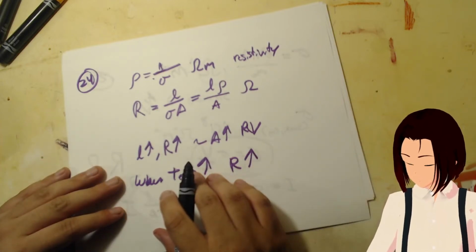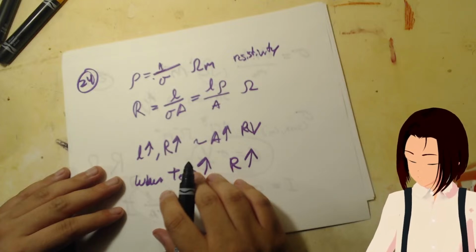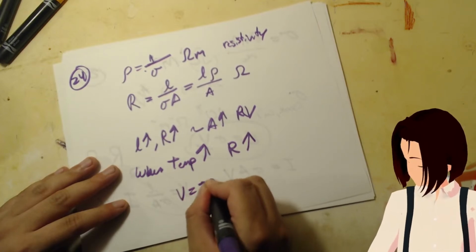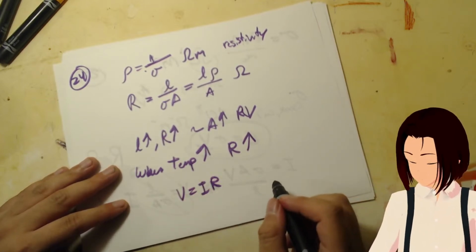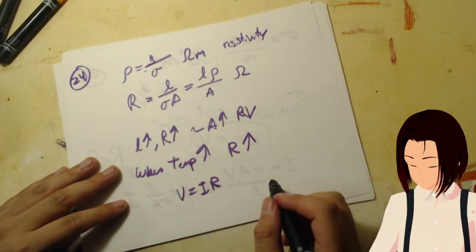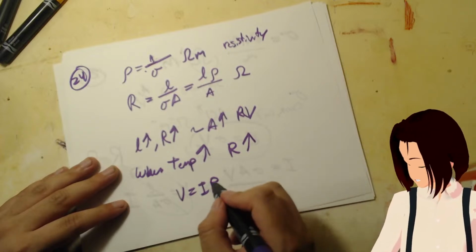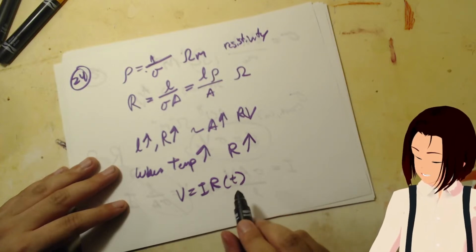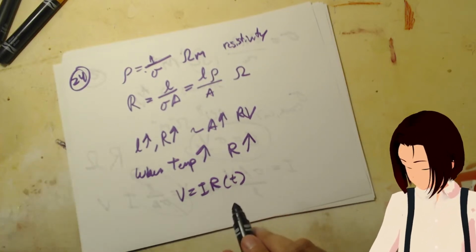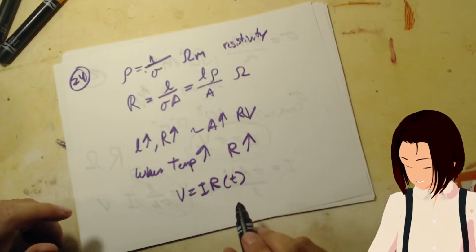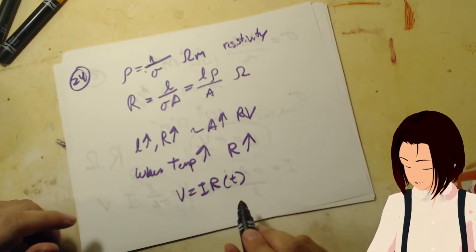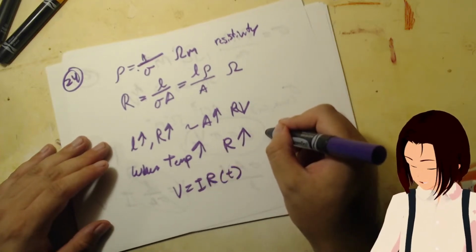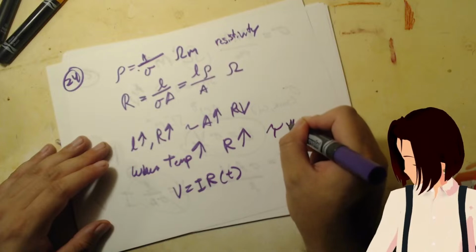So we have ideal circuits, like Ohm's law, V equals IR. But R is really just a function of temperature. If temperature goes up, tau goes down.